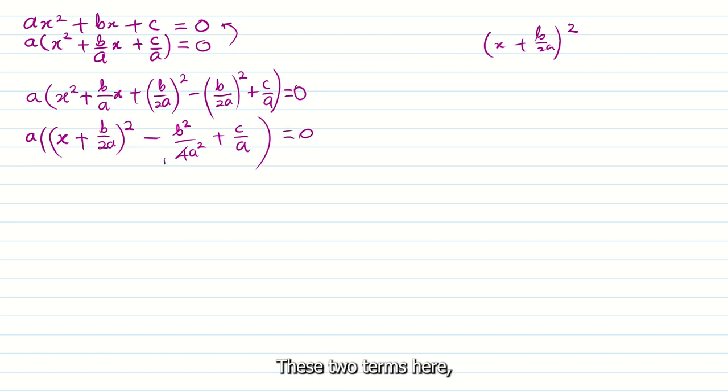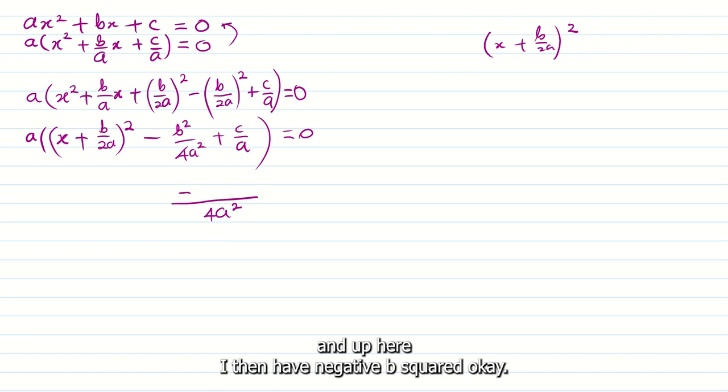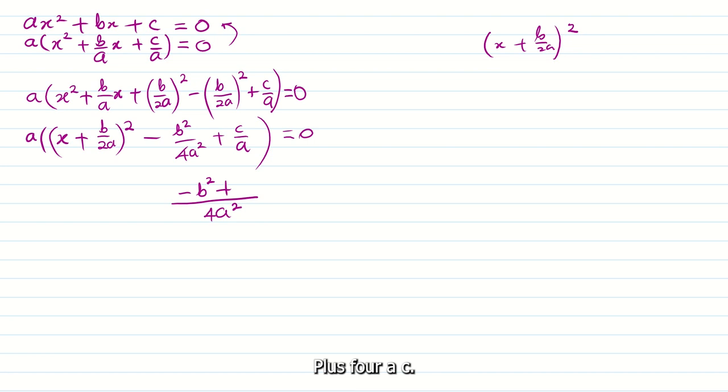Now, these two terms here, if I find the lowest common multiple, I will have that to be 4a squared. And up here, I then have negative b squared plus 4ac.